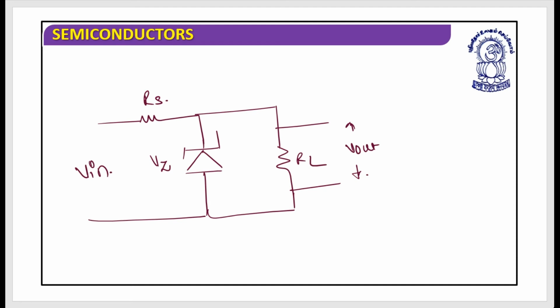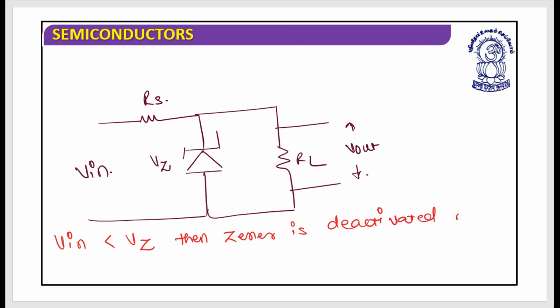What you need to understand is that if Vin is less than Vz, then the Zener is deactivated. But if Vin is greater than Vz, then the Zener is activated.